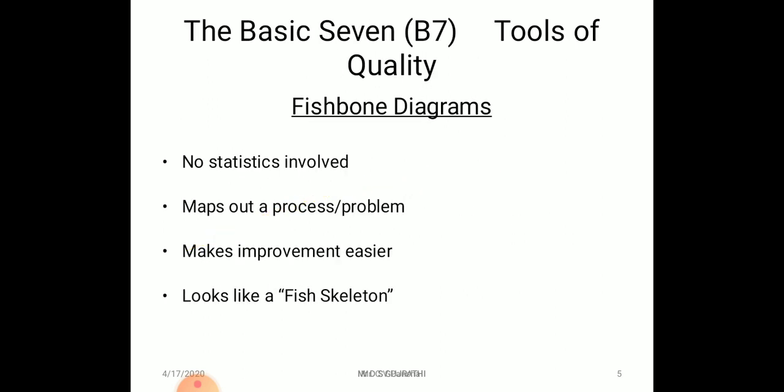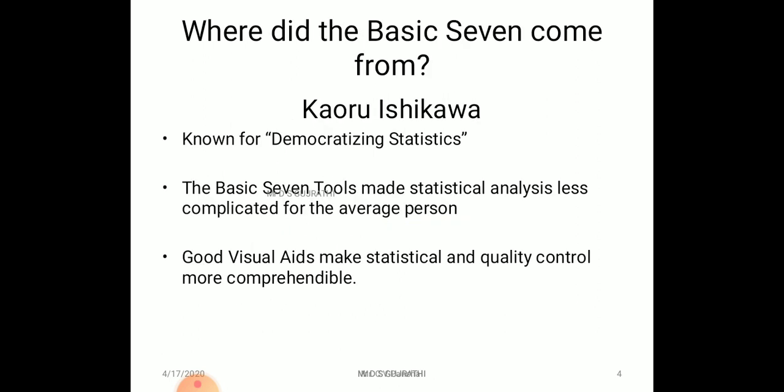Now, before going to the fishbone diagram, the first tool of the basic 7 tools, we should know what these tools are. These tools are very helpful for any organization, any business, any shop, to find the solution. First, we have to identify the problem, and after identifying the problem, we have to brainstorm and find out what the causes of the problem are.